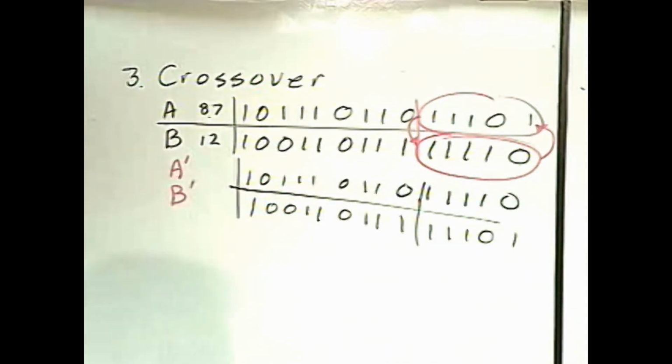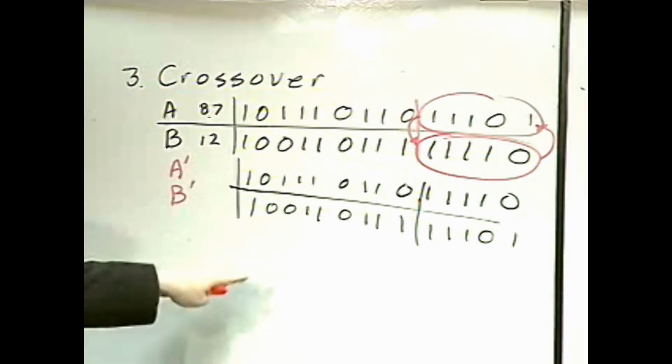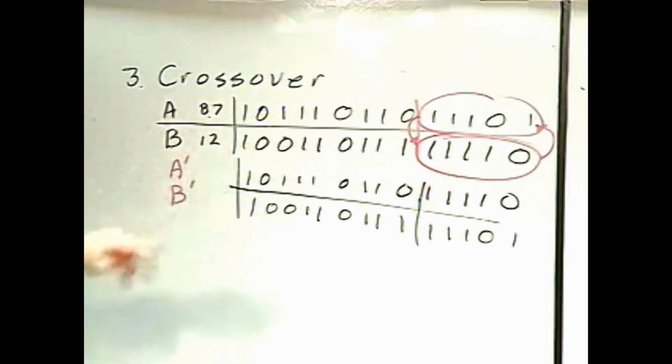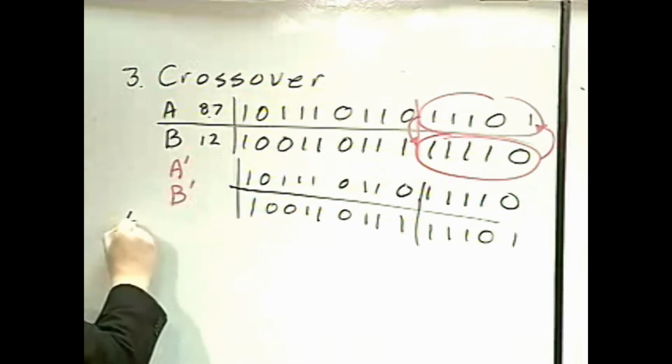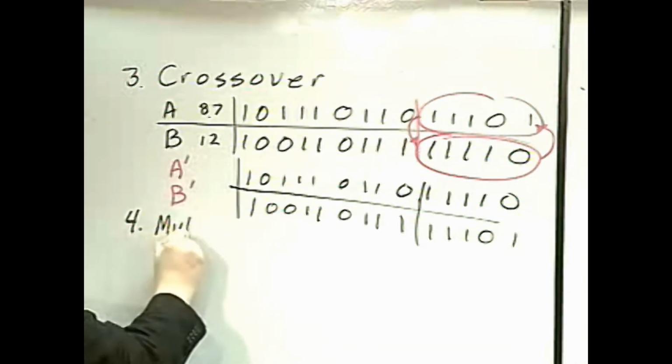So we choose an arbitrary point, we do this, and this is referred to as crossover. And you can see the weak analogy to offspring, right, with 2 parents. So weak analogy. So this is the concept of crossover. And then we have mutation.